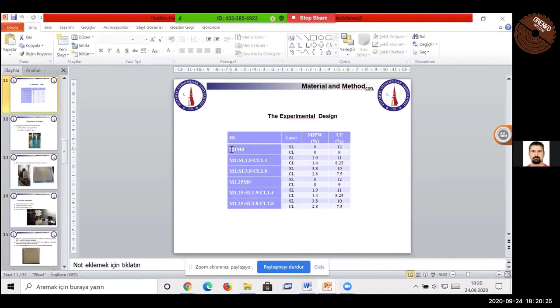This is the 1 mole urea formaldehyde resin group, and this is the 1.20 mole urea formaldehyde resin group. If we take out UF resin, MIP was added as much as the resin removed. You can see from the experimental design.